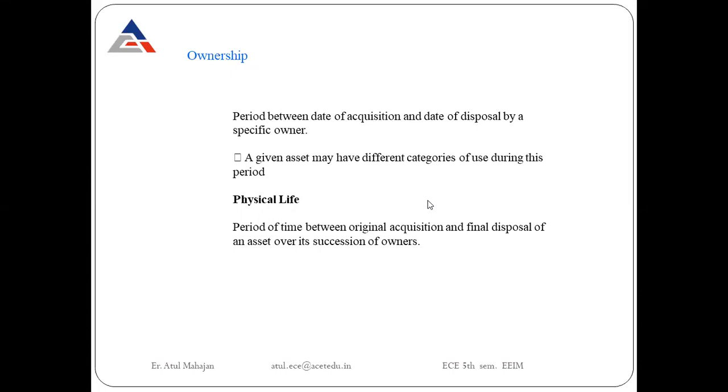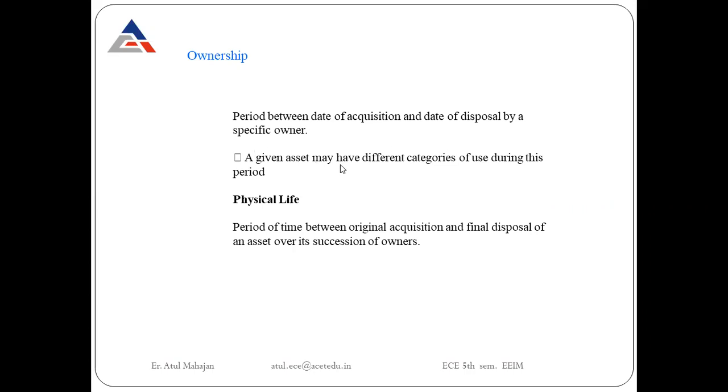So ownership means on what date I had a complete acquisition of that product, and on what date I decided to dispose of that product. That complete analysis should be there in my mind.